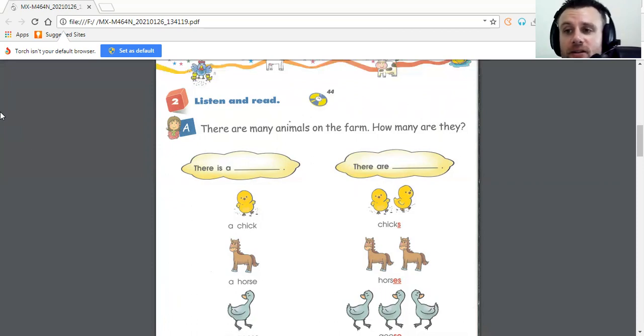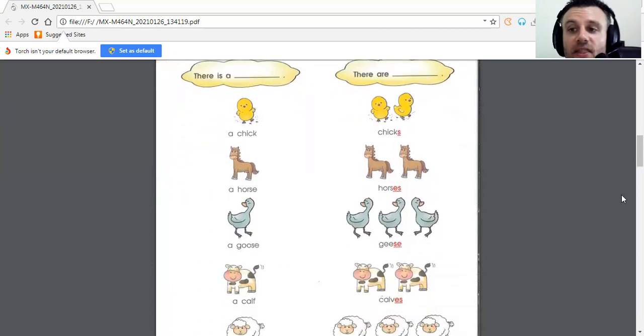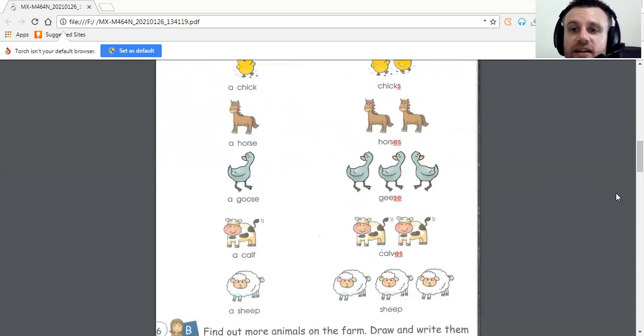So let's take a look at these sentences. There are chicks. They are horses. They are geese. They are calves. And they are sheep.